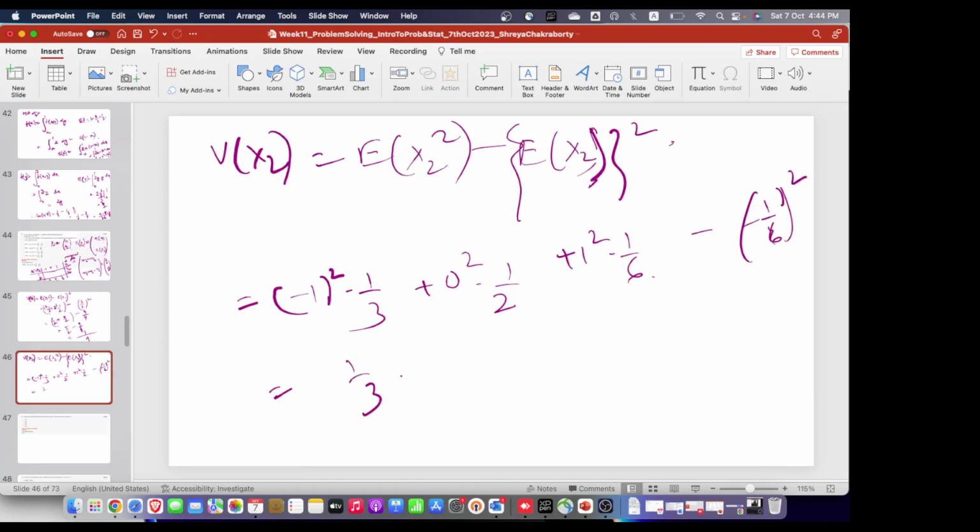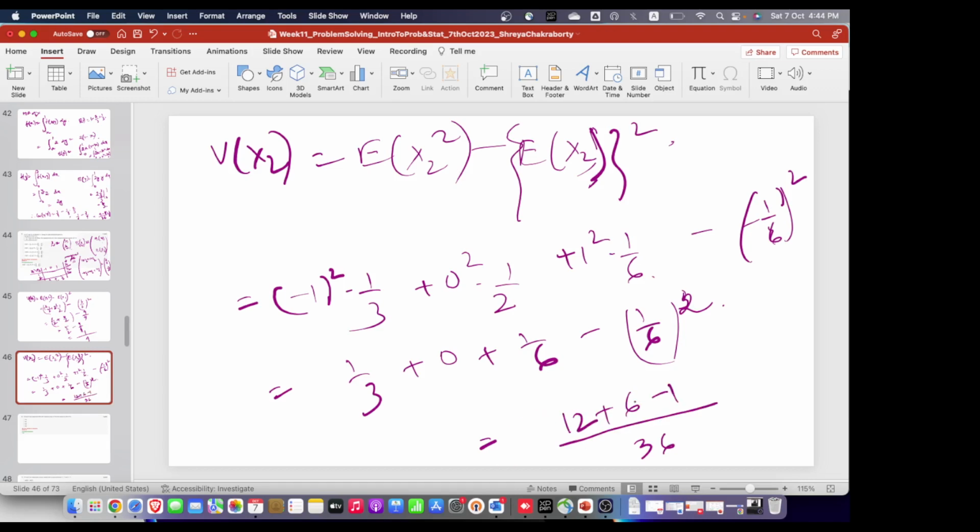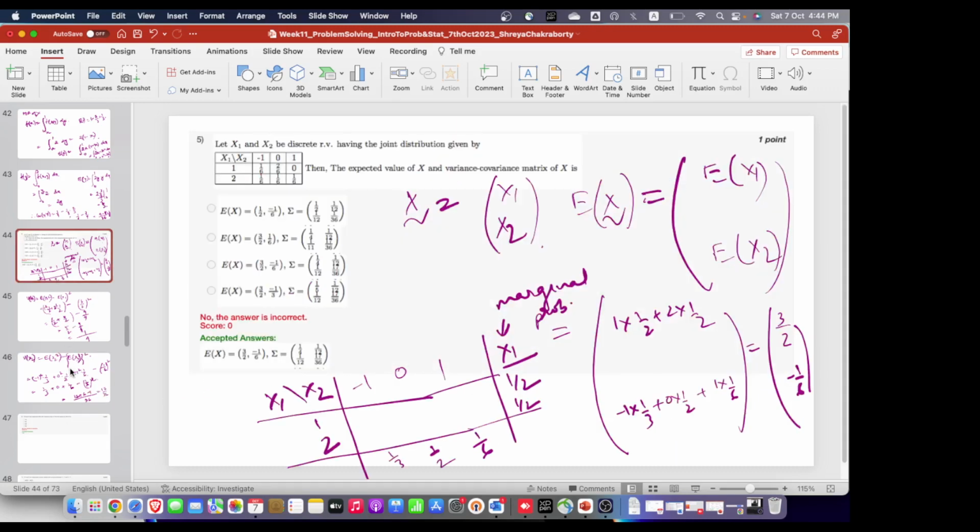So here we have 1/3 plus 0 plus 1/6 minus 1/36. So that is 12 plus 6 minus 1 over 36, which is 17 by 36. So the first variance will be 1 by 4, and this diagonal is 17 by 36.